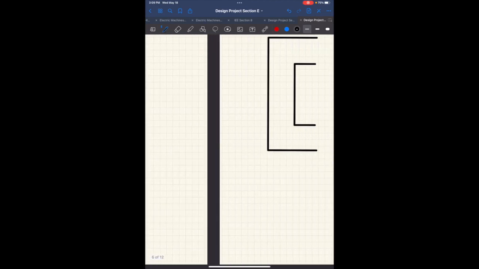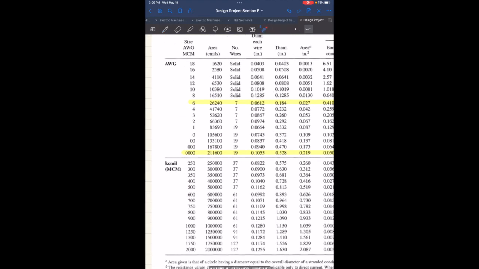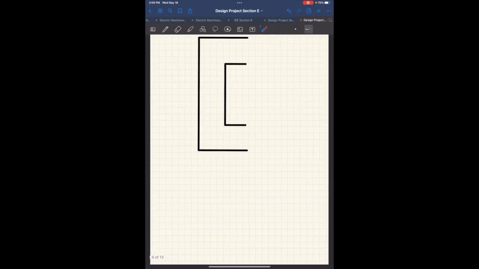So if we go here to the table, the cable I'm holding in my hand is basically this thick. So the circular mil is this. Basically, it's telling you the cross-sectional area of this cable. Let me go back.